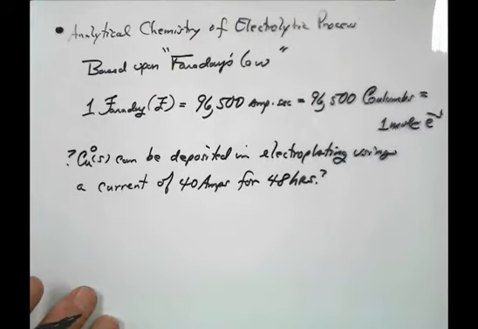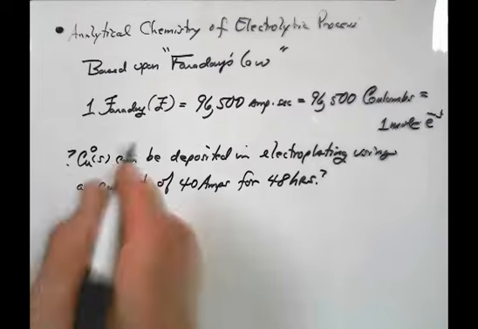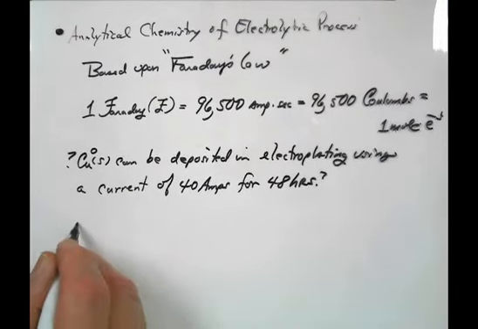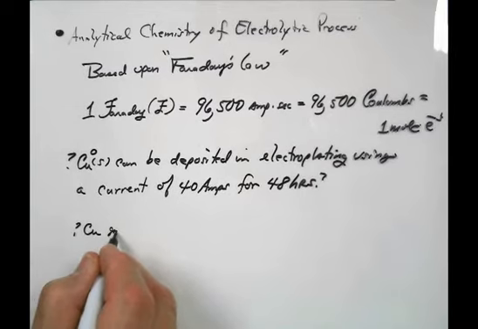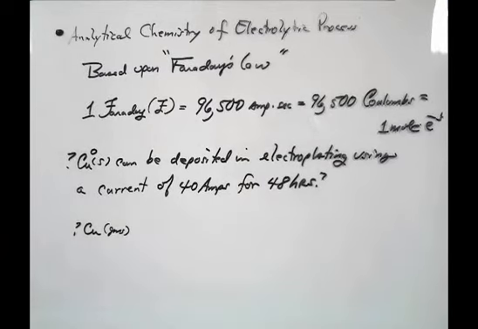Okay, work these like you would work any conversion problem. What's the question, and then where you're going. Okay, what's the question? Here it is. How much copper solid, now I'm going to put grams in here because that's what your grams of reduced form equals, a piece of data that's in the problem.